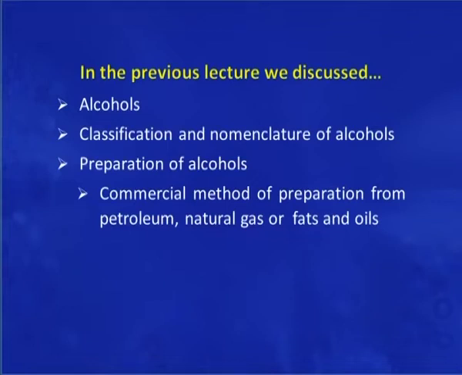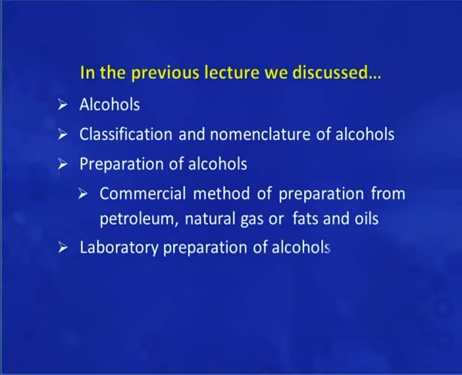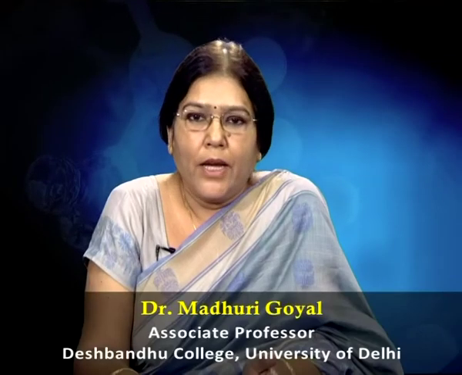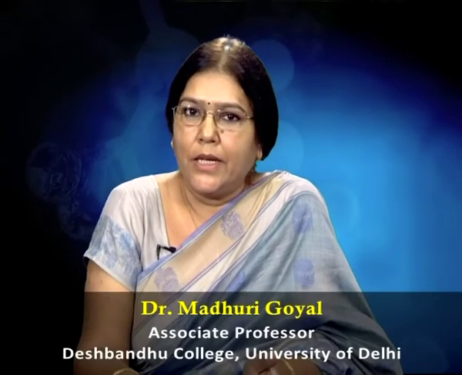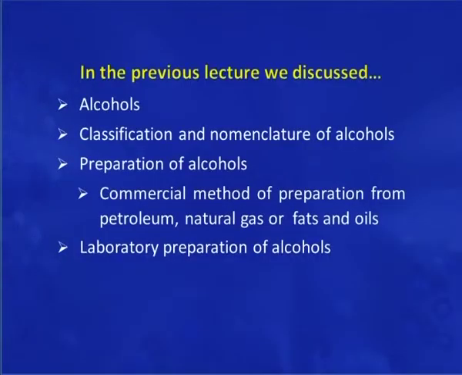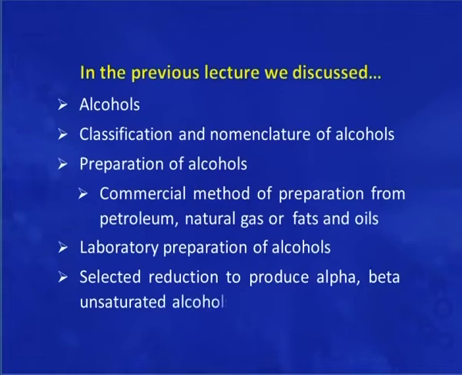Then we discussed the laboratory preparation of alcohols via the reduction of aldehydes and ketones, carboxylic acids, esters, acid chlorides and anhydrides. We also discussed the selective reduction to produce alpha beta unsaturated alcohols in the earlier presentation.